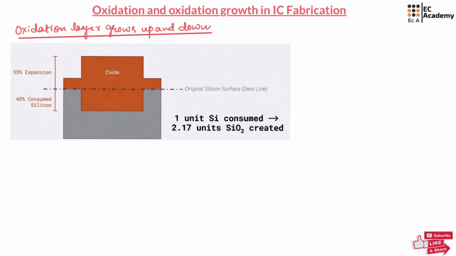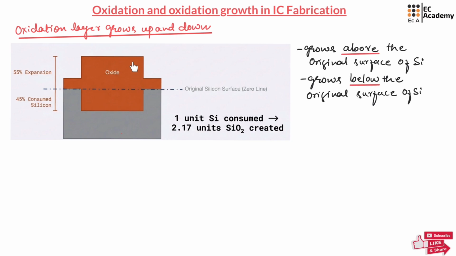Now this concept is very interesting. You need to remember the oxidation layer grows up and down, which means when the oxidation layer grows, it will not just sit on the top of the silicon layer, but also grows inside the silicon layer, which means it grows above the original surface of silicon, and also it grows below the original surface of silicon.